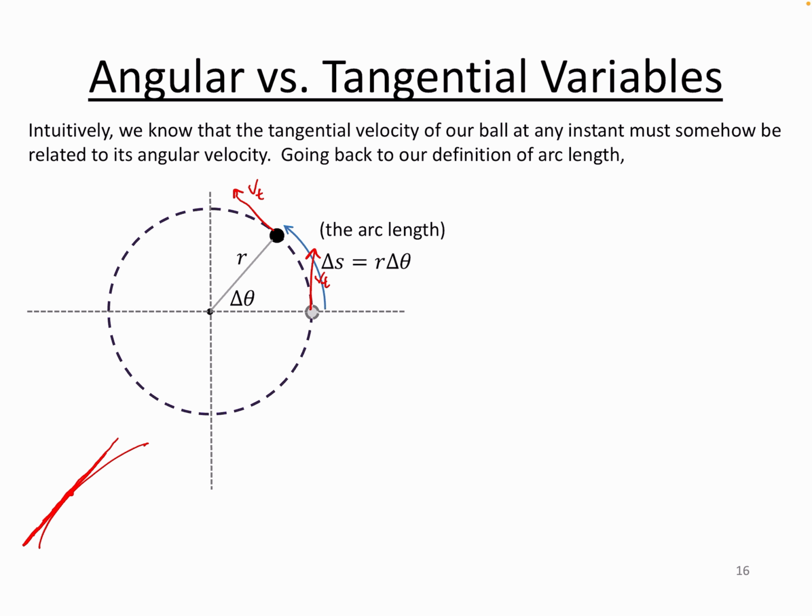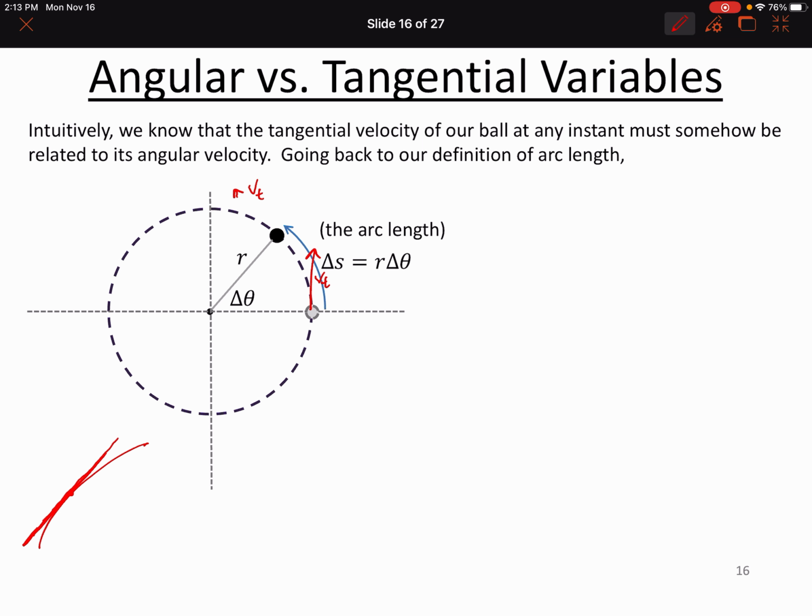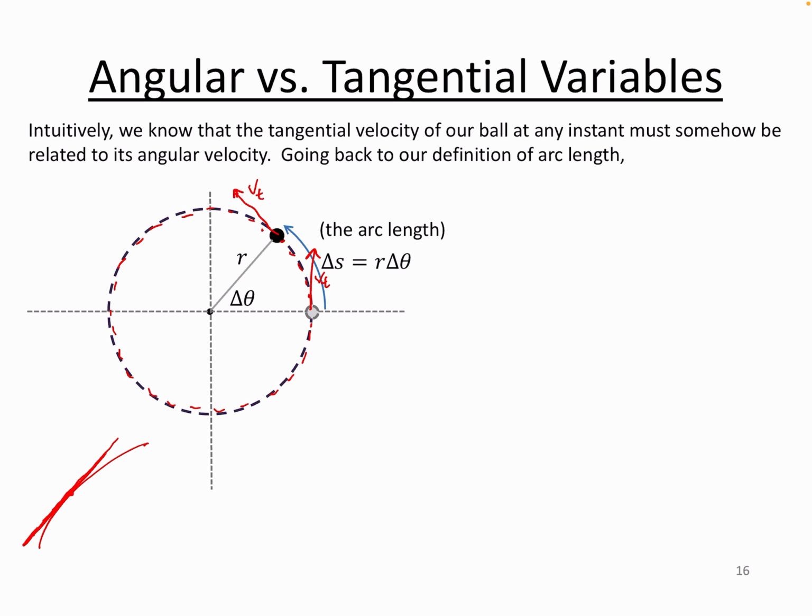You have to go around the entire circumference of this circle in X amount of time. If you're making that trip in a shorter period of time, then you have a higher tangential velocity. If you're making that trip in a longer period of time, then you would have a lower tangential velocity. There's some number of meters being covered every second, and your tangential velocity tells you exactly how much distance that is.